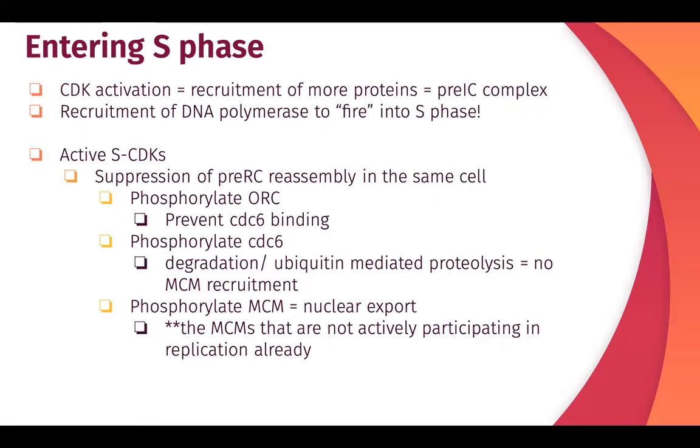If you phosphorylate those 3 things, different things happen to them. So your prevention of CDC6 binding, degradation, or nuclear export, essentially doing what needs to be done to make sure that they're not around in the nucleus to form again.